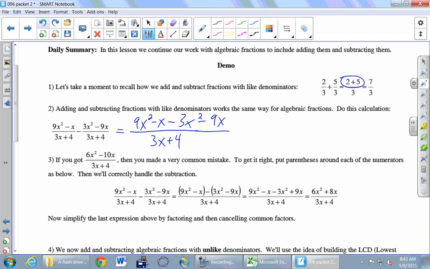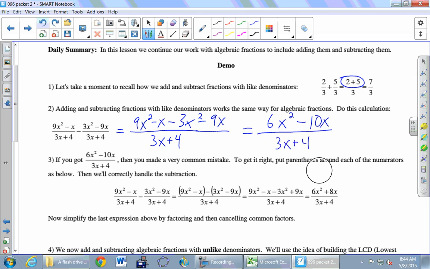It's just the same as the first fraction that we did with only numbers. And then we'll combine like terms. So what do we get for the x squareds? 6x squared, and then the x's minus 10x over 3x plus 4.